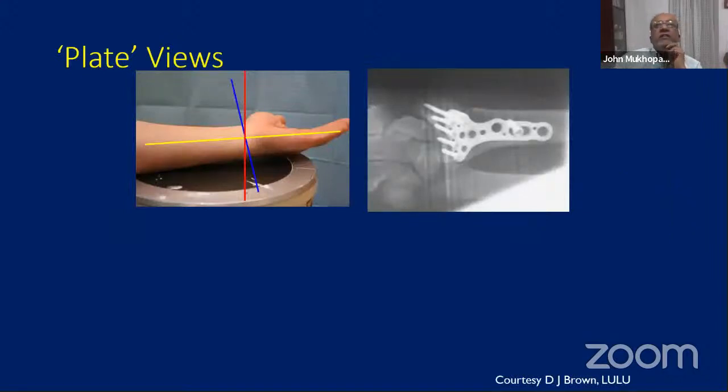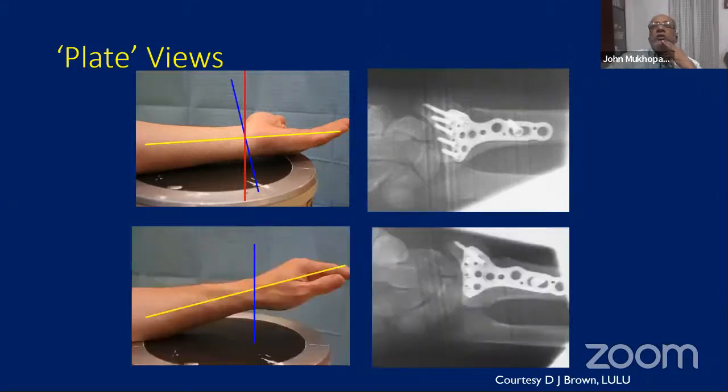A word about the X-ray views on the table. I think it's important that you get proper views. If you take an X-ray with your hand flat on the table, very often you will see that the screws look like they are in the joint.